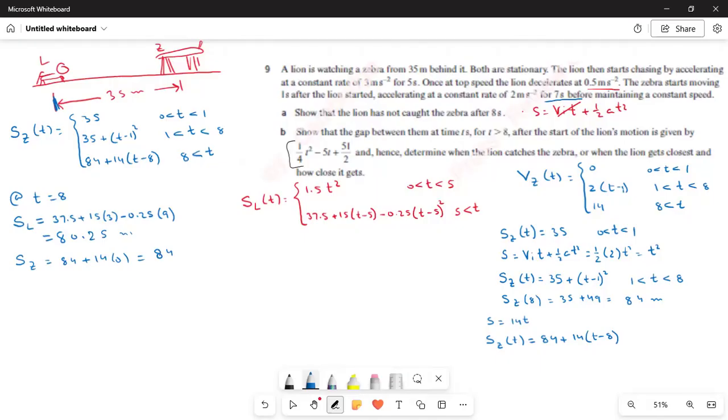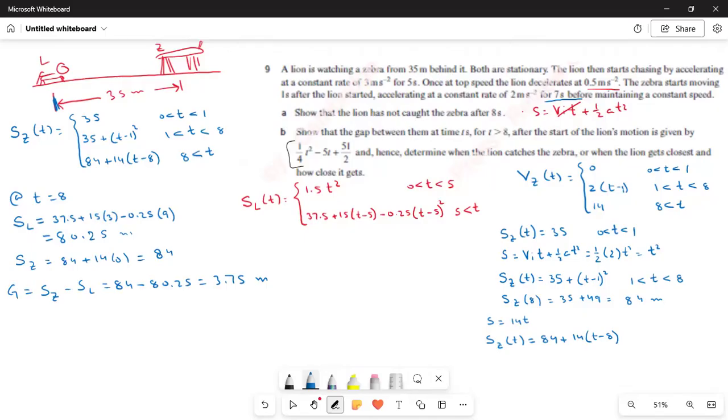Okay. So if I try to find the gap, this is distance of zebra minus distance of lion. So this is 84 minus 80.25, which is 3.75 meters.